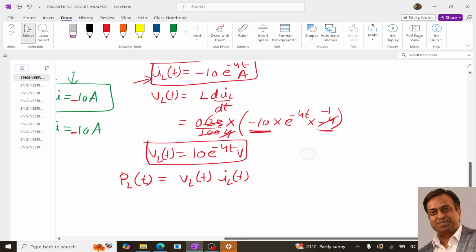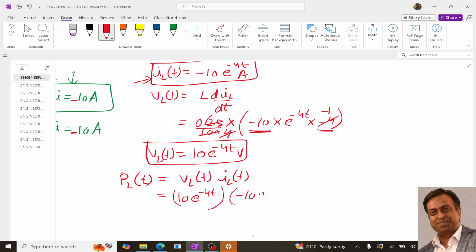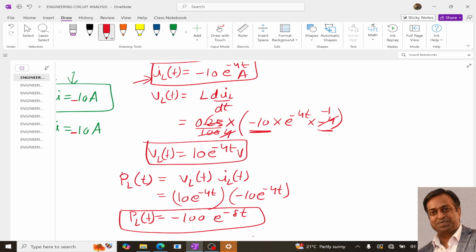Now substituting the values, vL(t) is 10 e power minus 40, iL(t) is minus 10 e power minus 40, so it will be minus 100 e power minus 8t. This is pL(t), our instantaneous power.